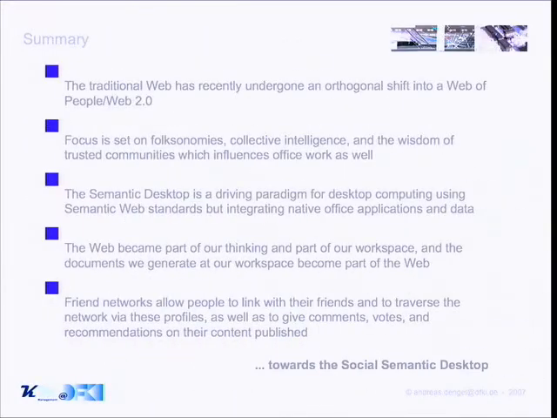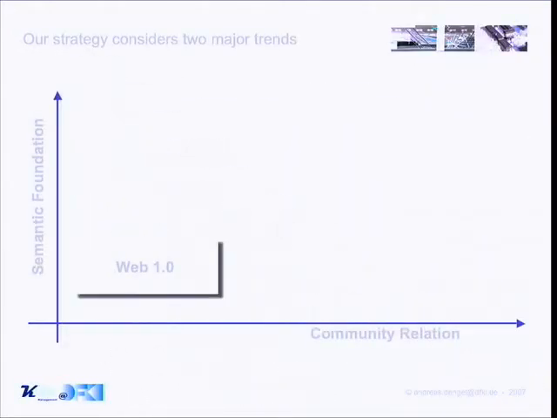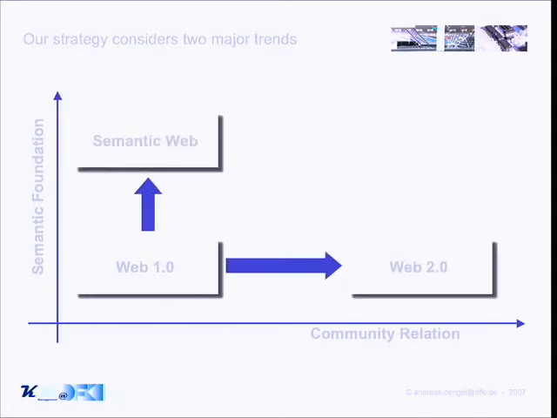So we are going to socialize the semantic desktop, which means that if you consider Web 1.0, we see the semantic foundation is still very low, and also the community relationships, but today we have Web 2.0, and we also build on a semantic web.